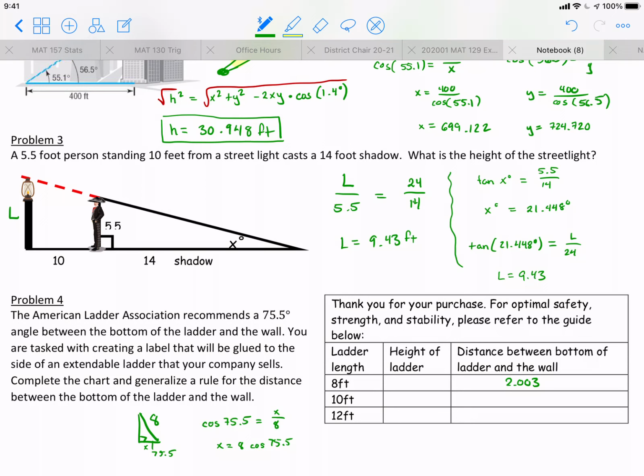Now the height of the ladder off the ground. In other words, that's like the y value, which by the way, that would be sine. So it's the exact same equation, but it would be 8 sine of 75.5. So what is that? I get 7.745. So 7 3/4 feet, right? So that's 7 feet, and then 3/4 of a foot would be what?